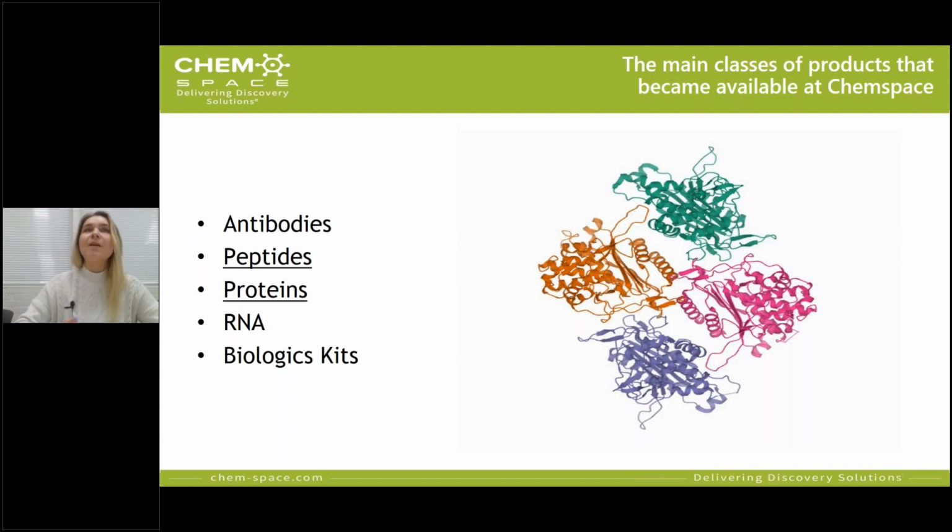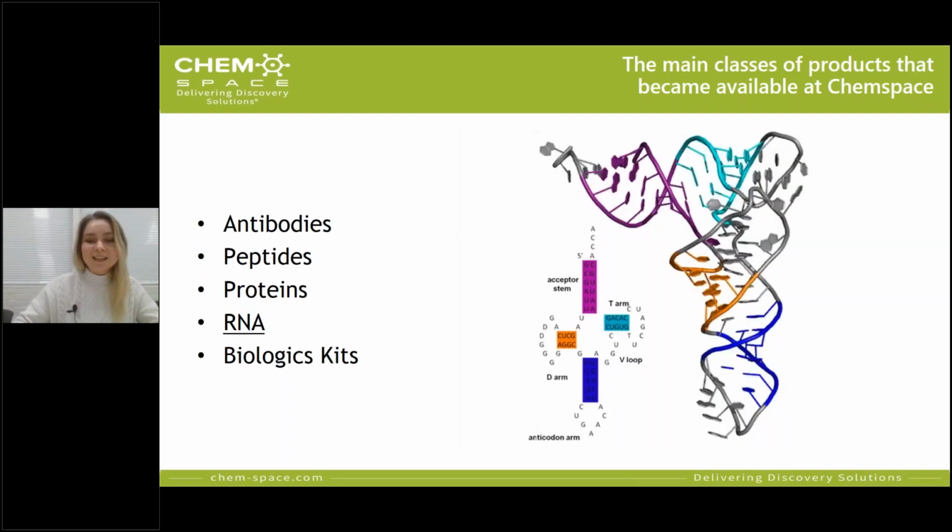Most of them are available off the shelf, and others could be synthesized by our suppliers in a short time. A rich range of products includes RGD peptides, tryptic peptides, different enzymes, inhibitors, substrates, macrocycles, isotope labeled products, and many others.